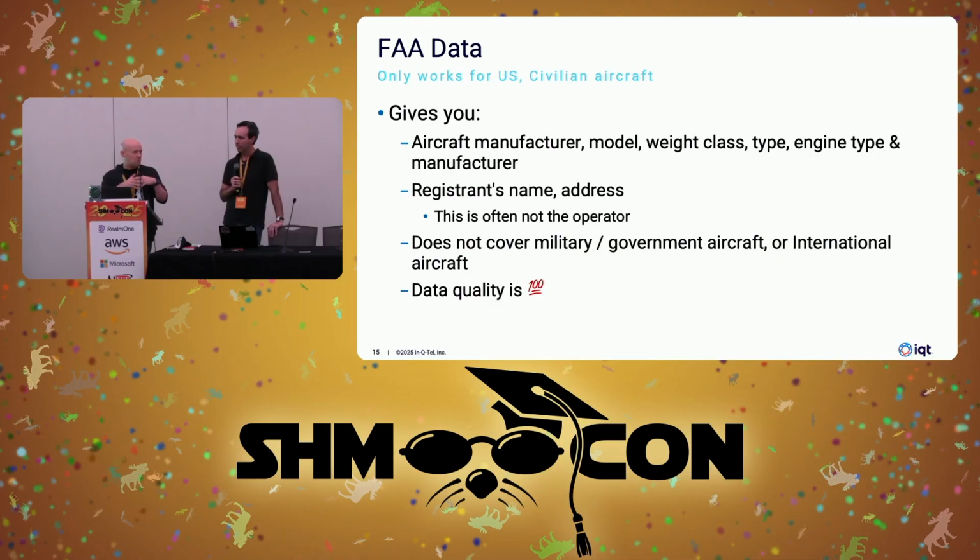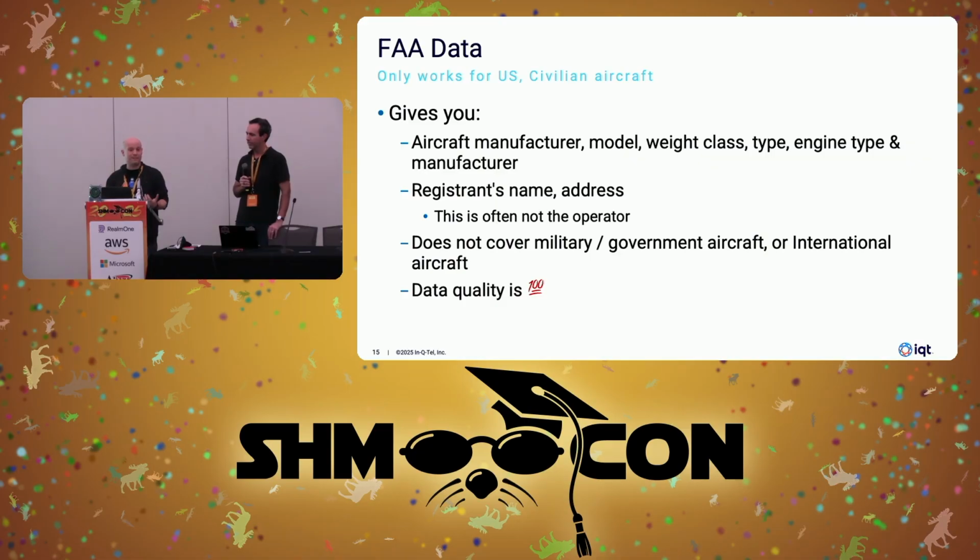So ADSB information gives you a brief identifier, the ICAO-24 code, but you don't get much more about the aircraft. Luckily, there are some very fine data sources out there that will give you detailed information about the make, the manufacturer, and the owner of the different aircraft. So you can pivot from the ADSB information and then go and look it up.